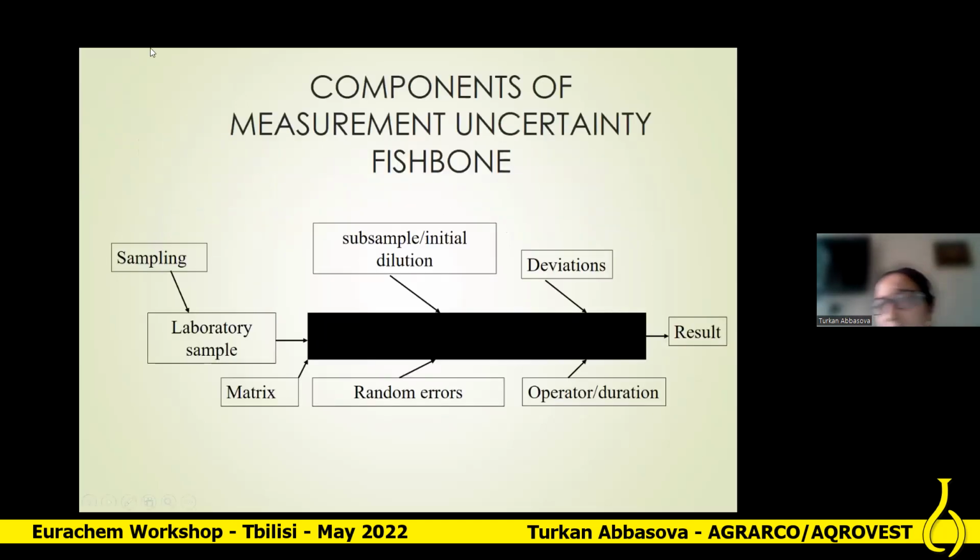And measurement uncertainty components. And in the final part of the quality controls, the laboratory should take into account the influences of the components which influence the measurement uncertainty, such as sampling, processing, first of all the laboratory sample.